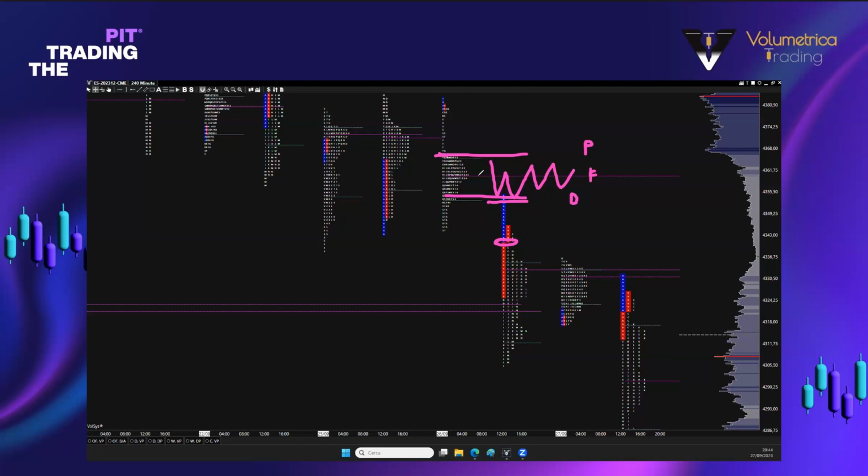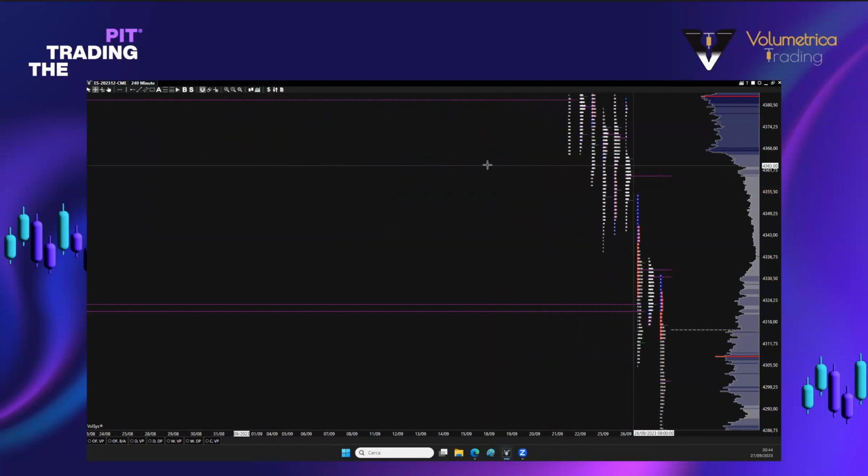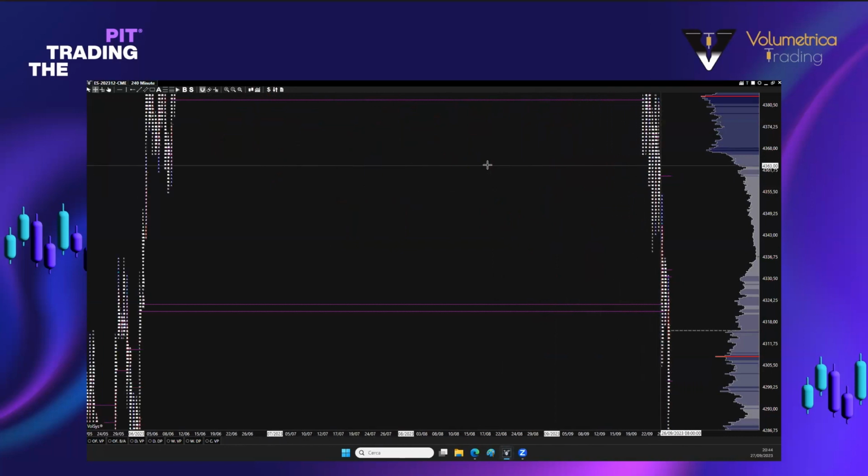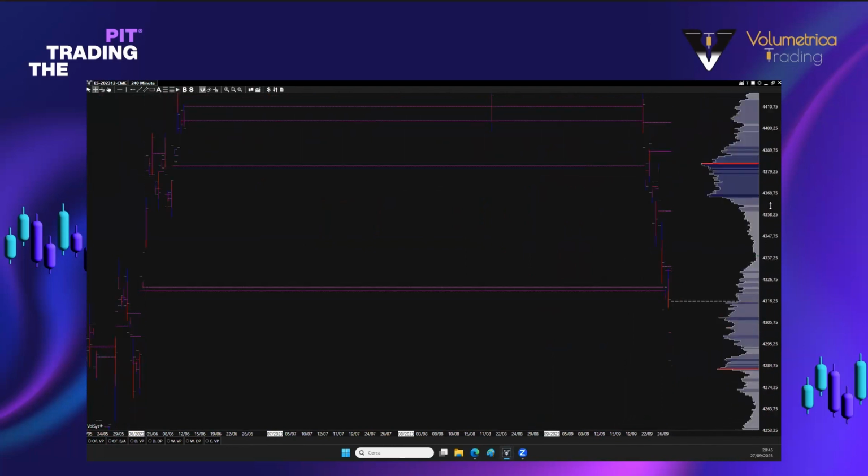Once price accepts outside previous areas of balance, we can say that price gets imbalanced. And if price is imbalanced, what is it trying to do? Looking for a new balance somewhere else. And where is price more likely to find a new area where it can find a new balance?